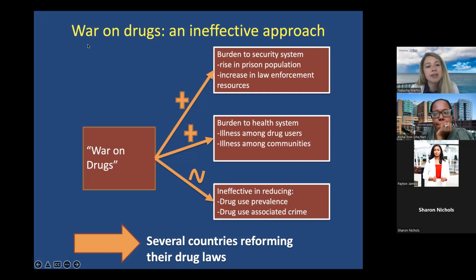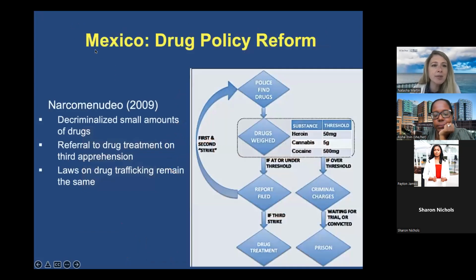Subsequently, there are several countries and states within the United States that are in the process of reforming their drug laws. Mexico was one of those countries. Way back in 2009, they had a series of drug policy reforms where they decriminalized small amounts of drugs and implemented referral to drug treatment on the third apprehension. Basically, police find people who have drugs.